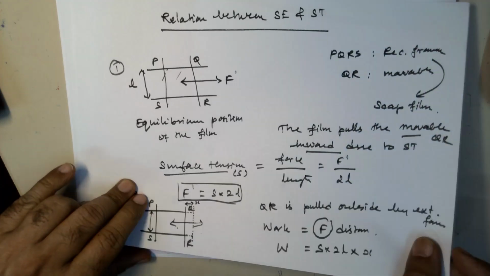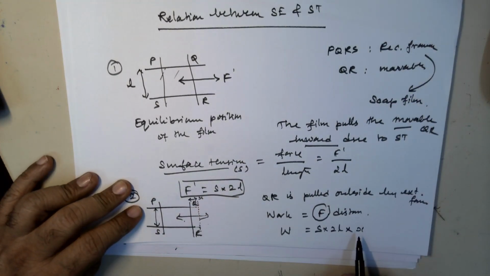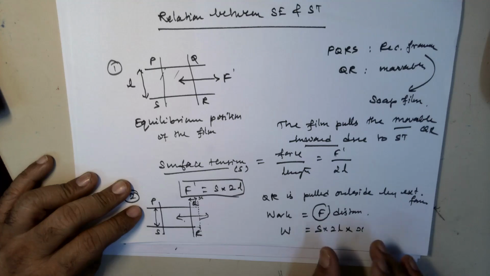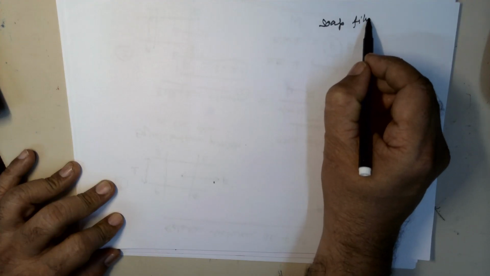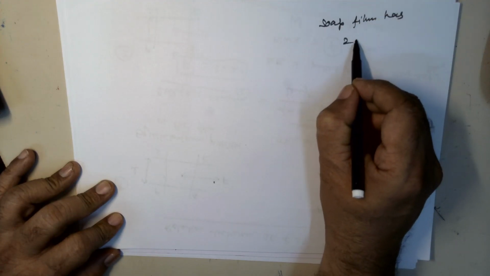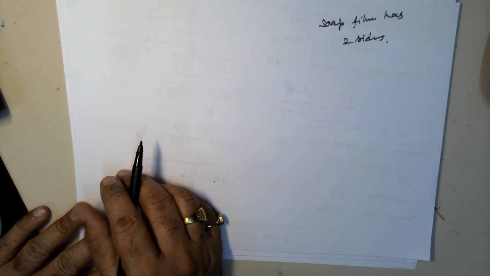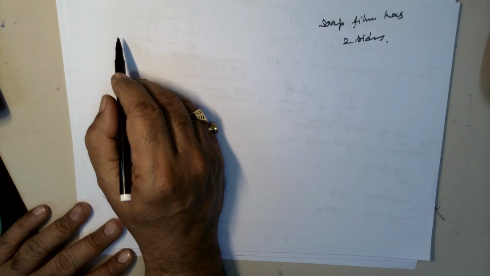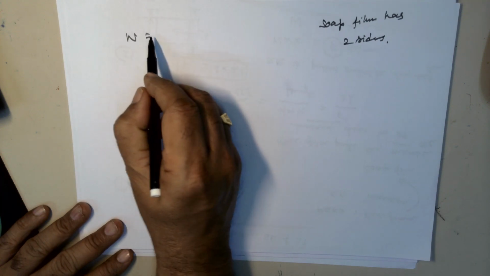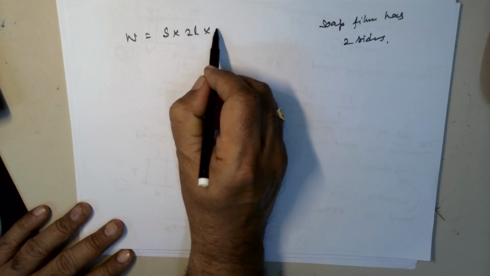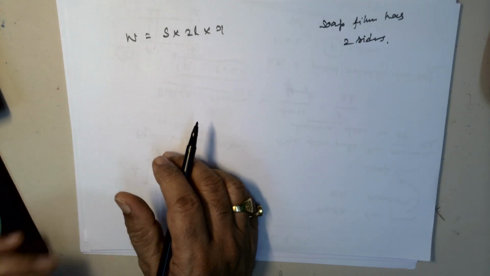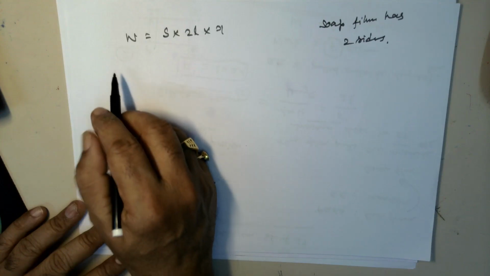And in fact, because the soap film has two sides, take down, the soap film has two sides. So as I already explained, W is equal to S into 2L into X. And here we have the increase in area.